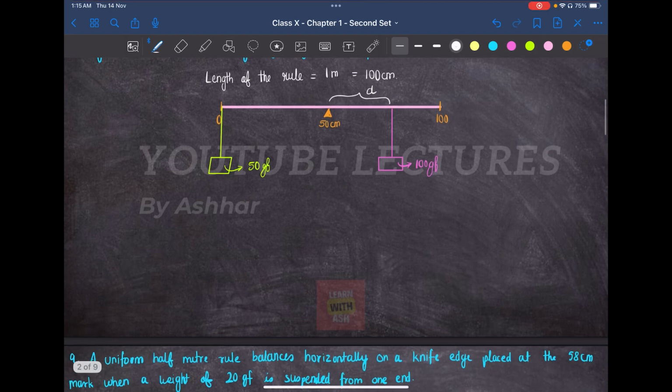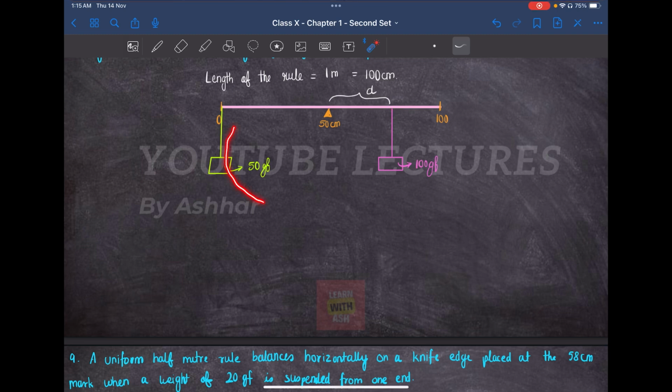According to the concept of moment of force, the two moments of force are equal to each other. In which manner? If this particular force falls down, it will be in the anticlockwise direction. So the other must be in the clockwise direction so that the horizontal rule should not fall down.